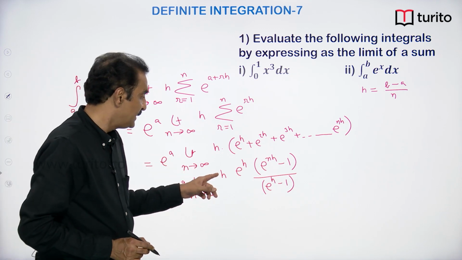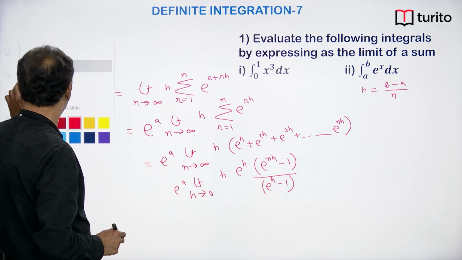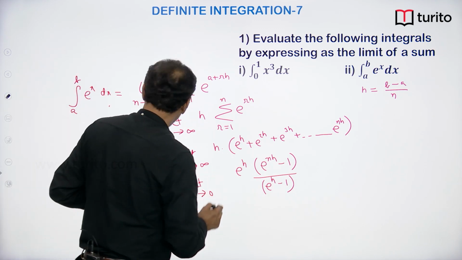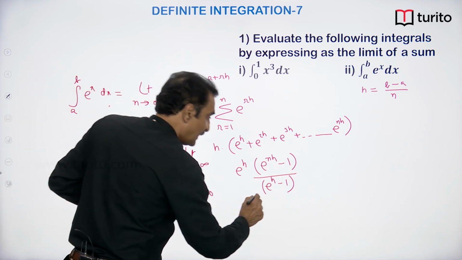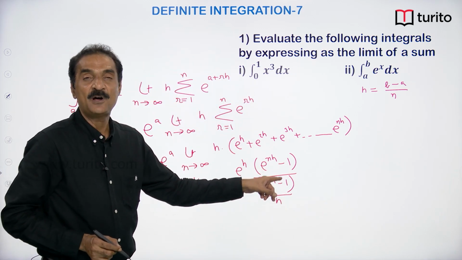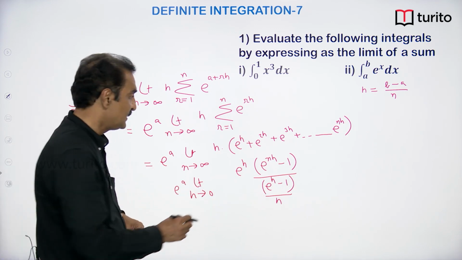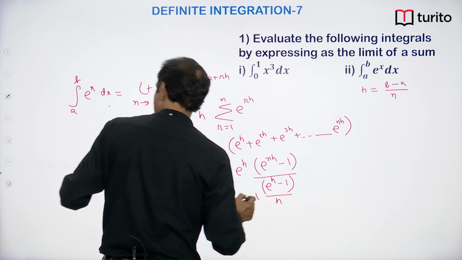And now, if you write this h in the denominator, this is the standard limit. Limit of e power h minus 1 by h when h tends to 0 is 1. So, this will be 1.